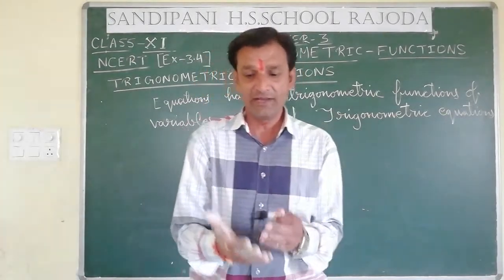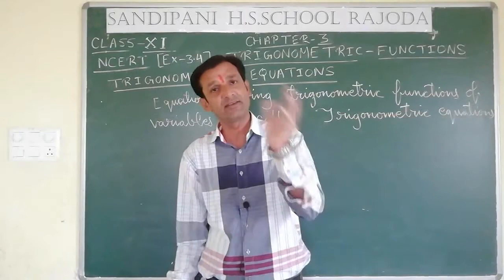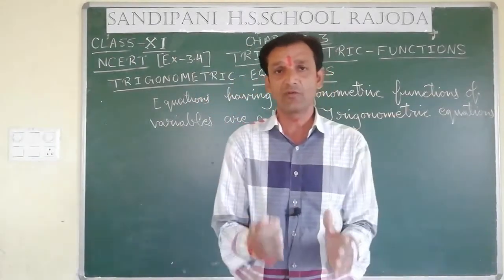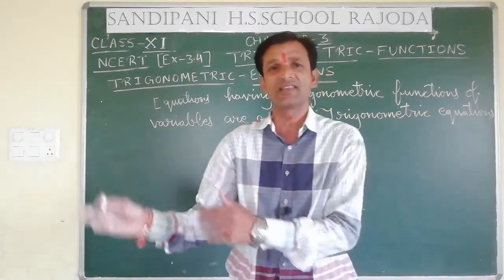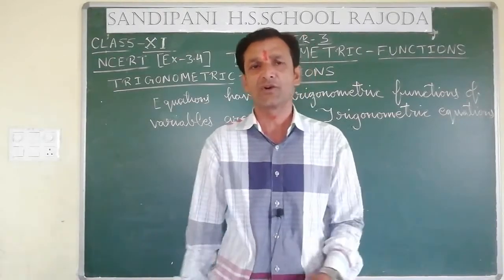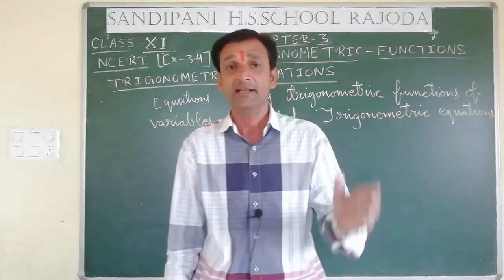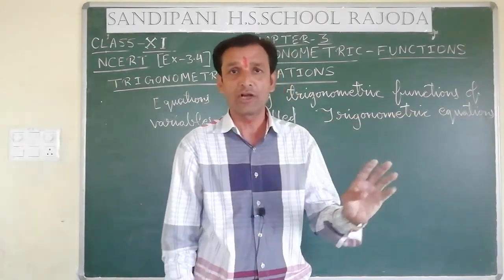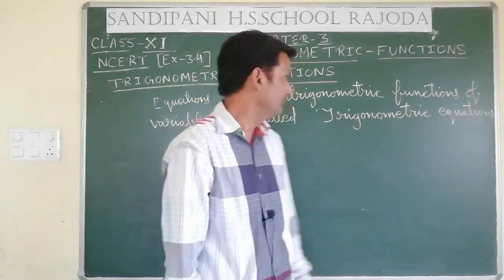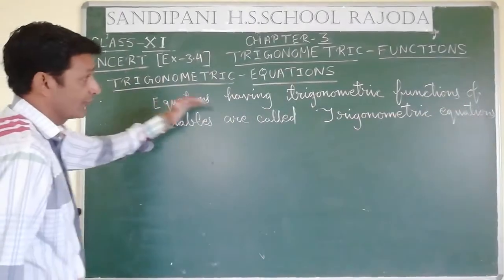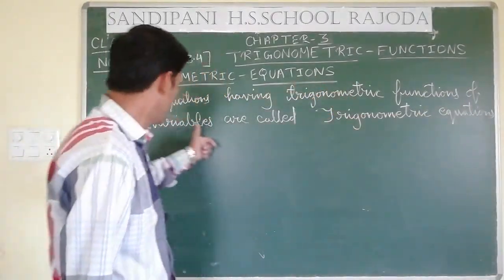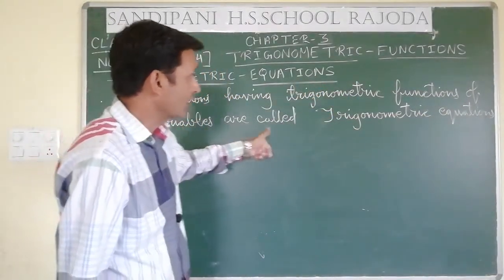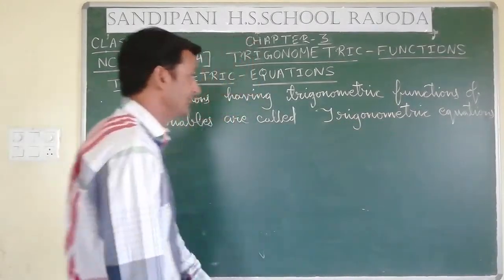You have seen already in class 10th also, if the equations are in the form of x plus y is equal to 3 and x minus y is equal to 2 or somewhat like that, then we have to find the values of the variables according to the given equations. So equations having trigonometric functions of variables are called trigonometric equations.